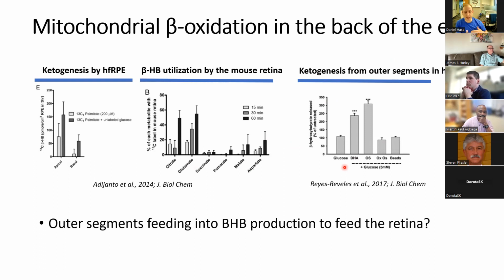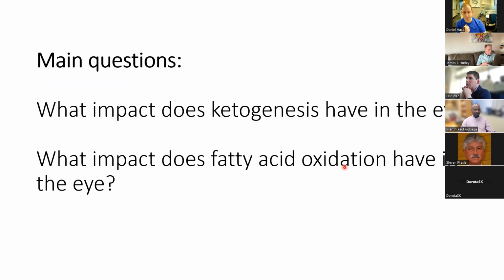So there's this idea now that if you have human fetal RPE or RPE in general that's fed with outer segments that contain all these lipids and fatty acids, including long chain fatty acids, they can oxidize those fatty acids, make beta-hydroxybutyrate, and that beta-hydroxybutyrate can then feed the retina. That's the general idea.